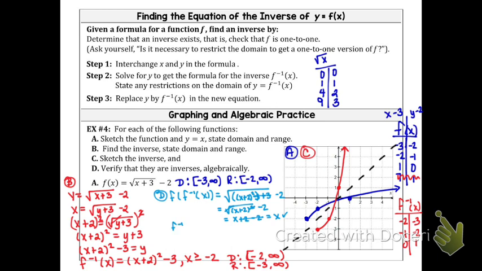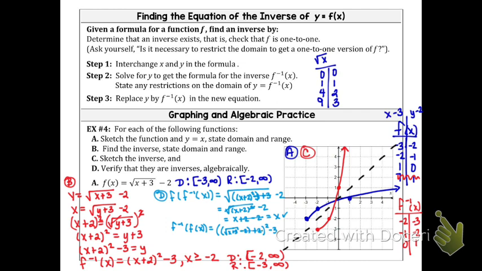We're going to take the inverse of f of x. So now my inverse is my skeleton. So it's x plus 2 squared minus 3, and we're going to plug in f, which is the square root of x plus 3 minus 2.